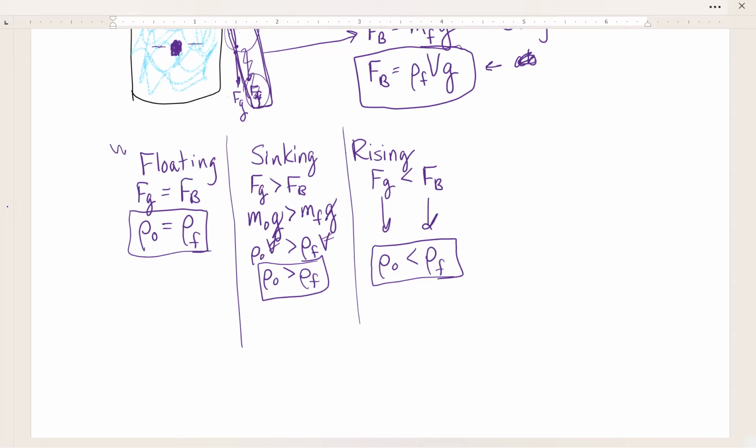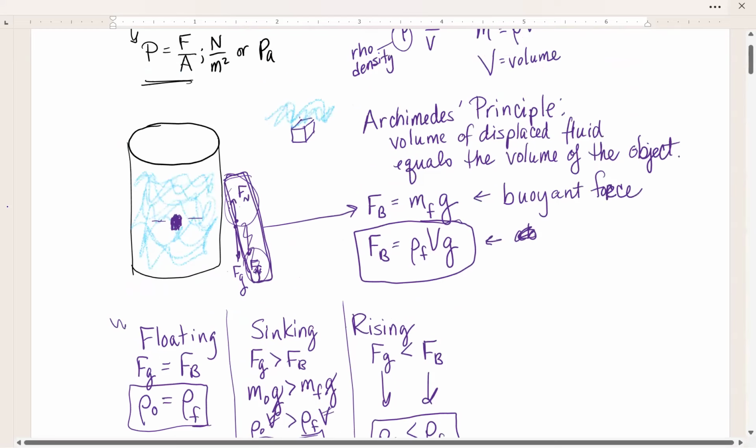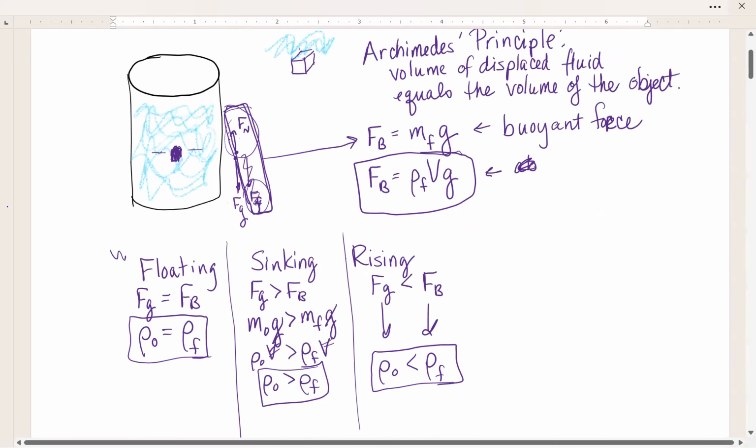That's it. That's all we got. That's not too bad, is it? So this is buoyant forces. There is a lot more to buoyant forces, but today is just an overview. Not a big deal.